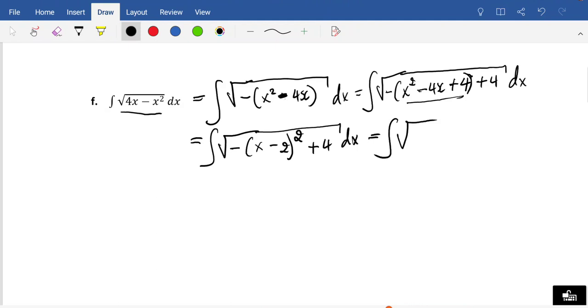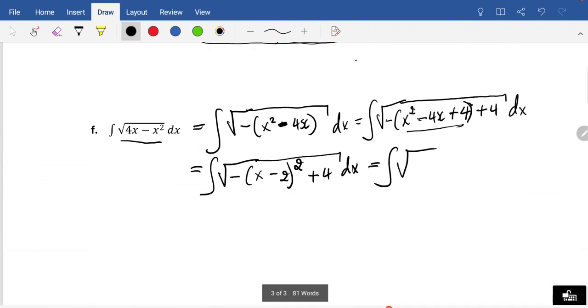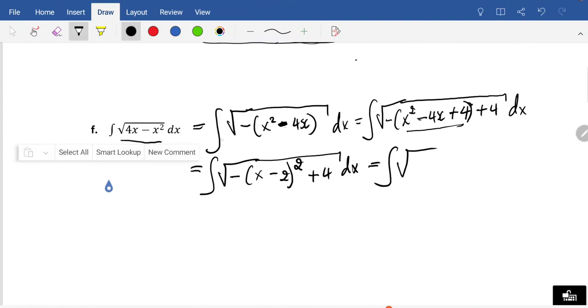Now we know that this is equivalent to the integral of the square root of negative x squared minus 4x, which if we complete the square will give us the integral of the square root of negative, opening the brackets, x squared minus 4x plus 4, close the bracket, plus 4, dx.